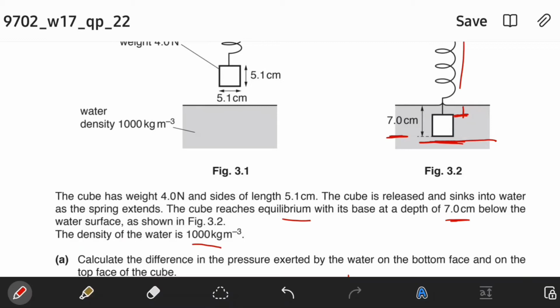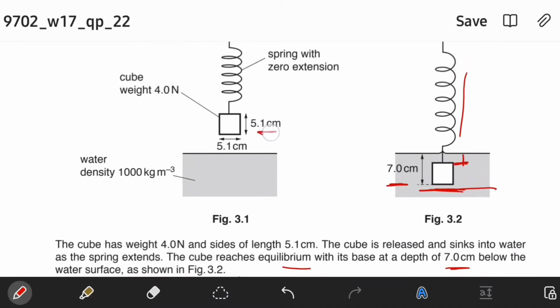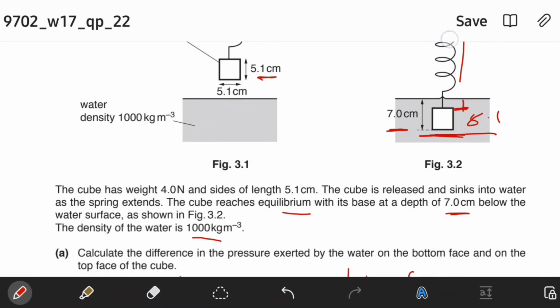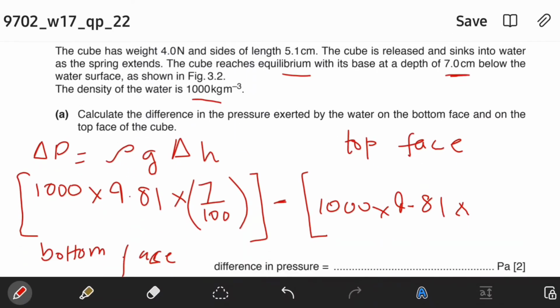If the whole is 7 and the side of the cube is 5.1, so we are going to subtract 7 minus 5.1 will give us 1.9. 1.9 divided by 100 to convert it into meters. Now doing this calculation you will get the answer of 500.